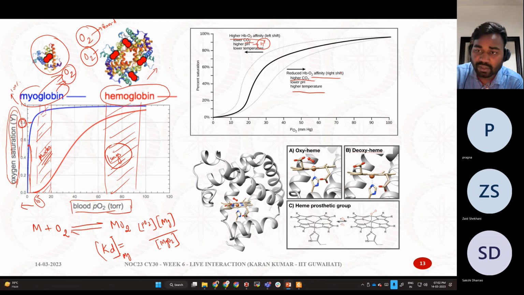In that case, hemoglobin binding affinity will be reduced and hemoglobin will drop off its oxygen, so that your body can generate more and more energy. That is why when the temperature is warmer, you sweat more.